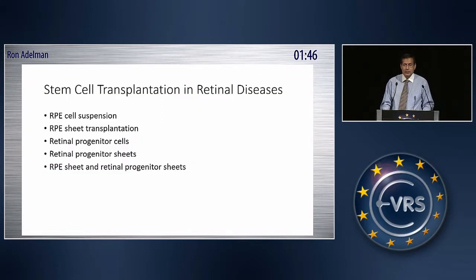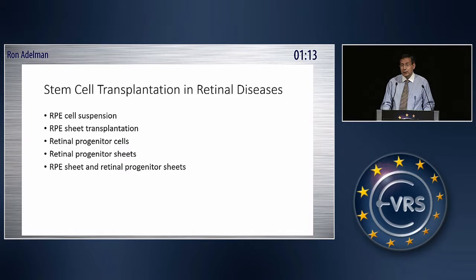When we look at stem cell transplantation in retinal diseases, there are multiple ways that we can do it. One is injecting RPE cell suspension. That's just injecting some cells under a bleb, which seems to be the easier way of doing it. A little bit more complicated is when we actually transplant sheets of cells instead of individual cells. On the other hand, when we want to transplant retinal progenitor cells, that's much more difficult.